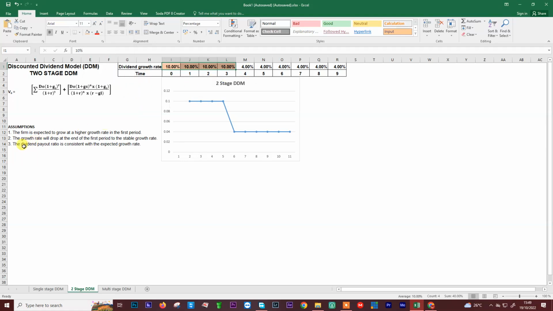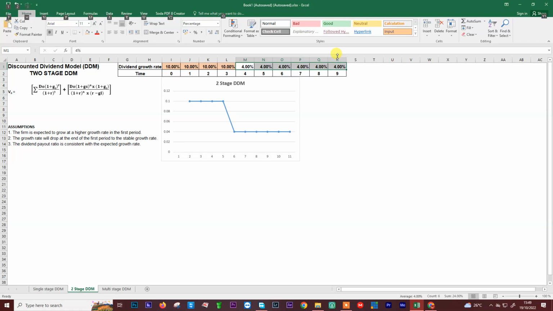Then we're told in the second assumption that the growth rate will drop at the end of the first period to a stable growth rate. So this stable growth rate will continue after period 4. So I go from this stage up to that part over there, and give it a different color to signify the stable growth rate.